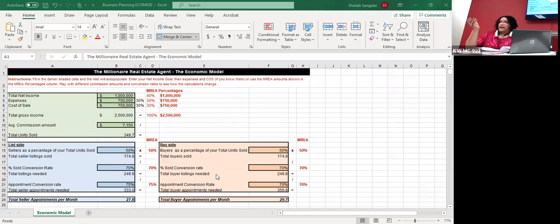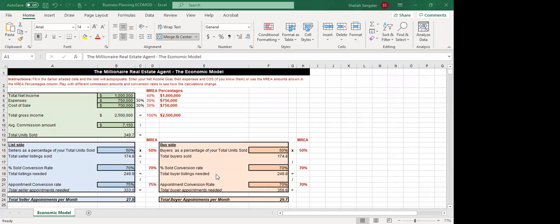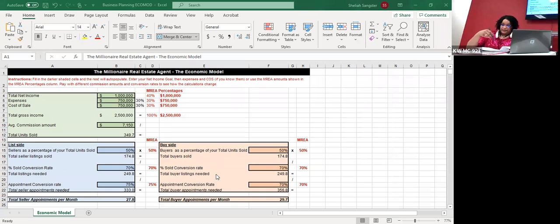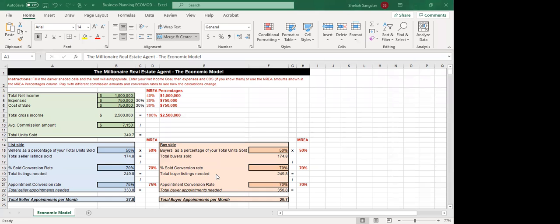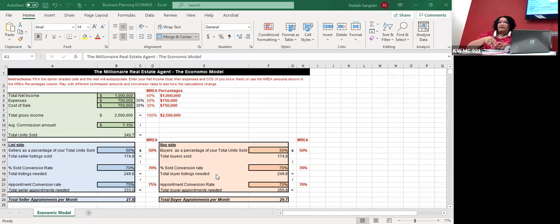And I think the average sales price right now is about 215,000 across the board for just our office and our territory. Once you have that, you're going to have your gross revenue from both your buyers and your sellers.